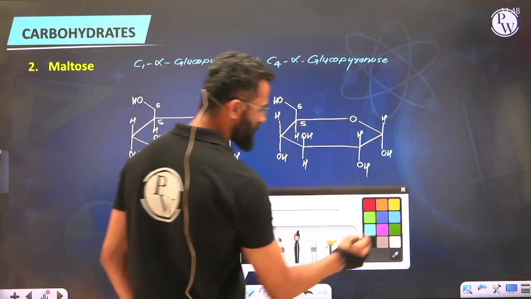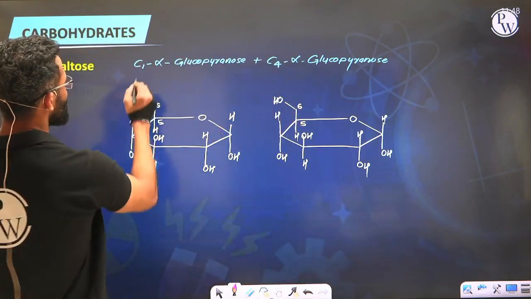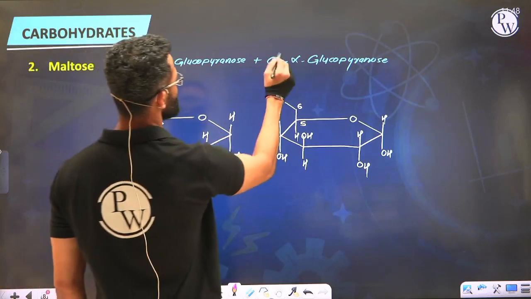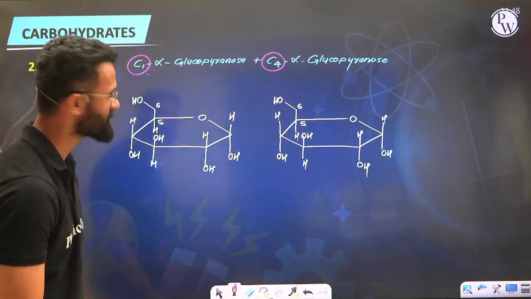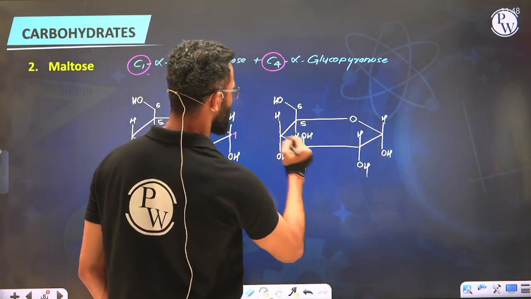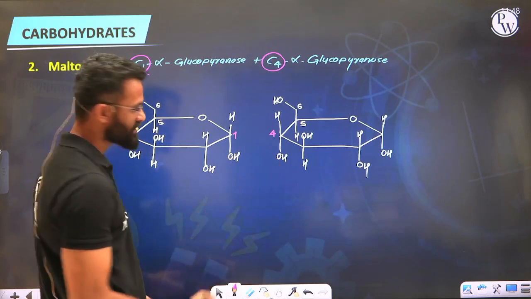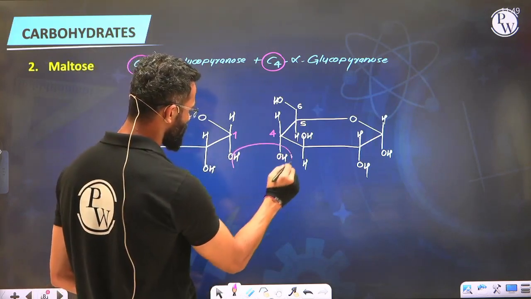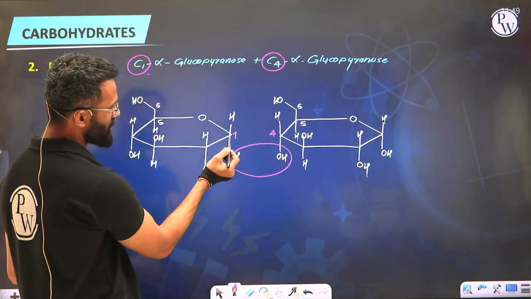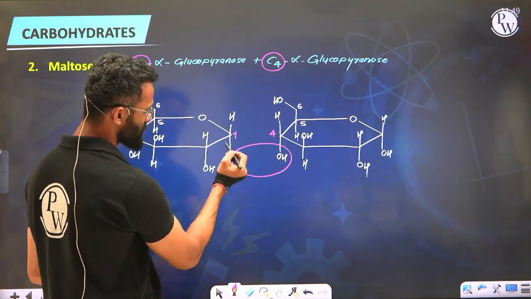Well guys, now find out where we want the glycosidic linkage. The information says the glycosidic linkage is between C1 and C4 of the two monosaccharides. So C1 is here and C4, 1, 2, 3, 4, C4 is here. So I have to condense OH from C1 and C4. If you condense, you're going to remove water like this, meaning C1 will be connected to oxygen and to C4. So C1, C4 will be connected through this oxygen linkage.